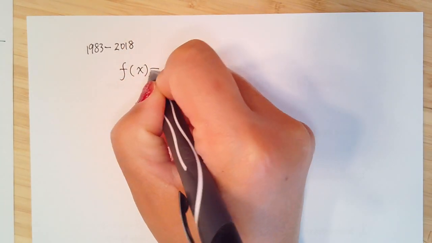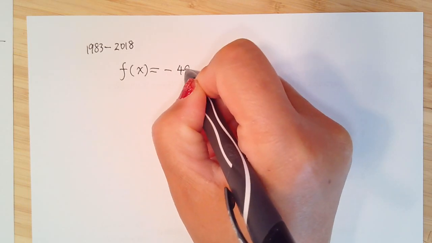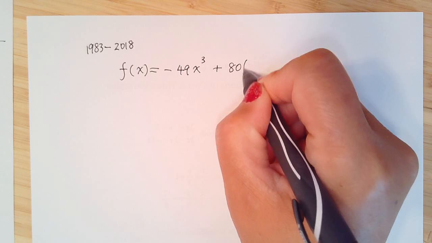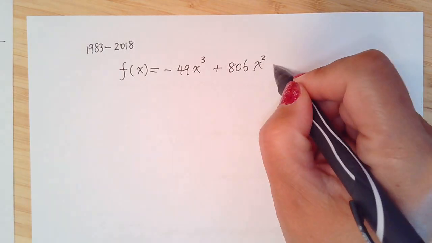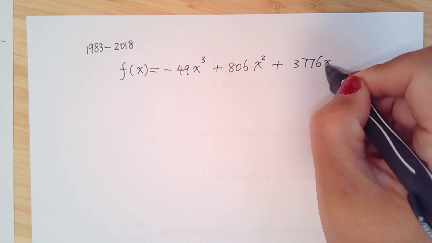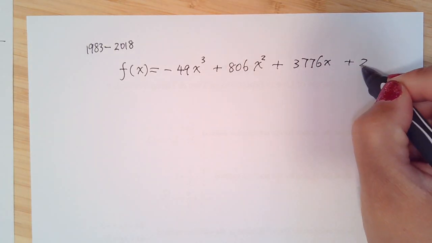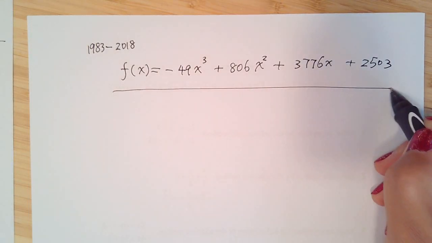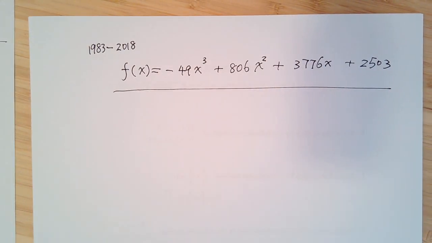f of x equals negative 49x cubed plus 806x squared plus 3,776x plus 2,503. So this is the function, or the relationship, that he developed.